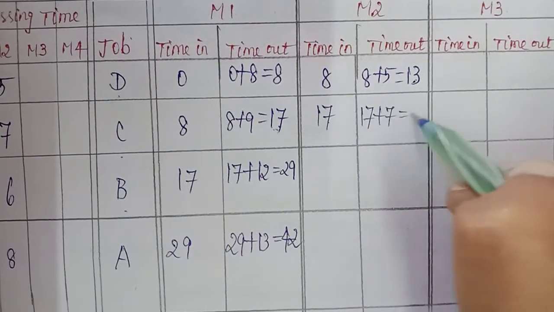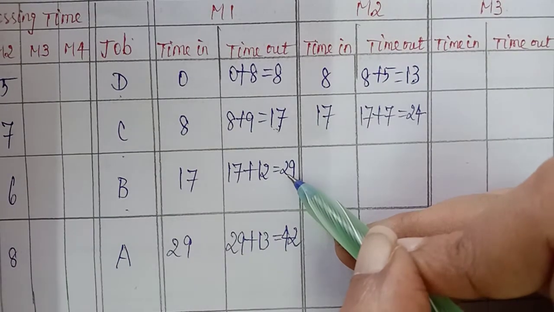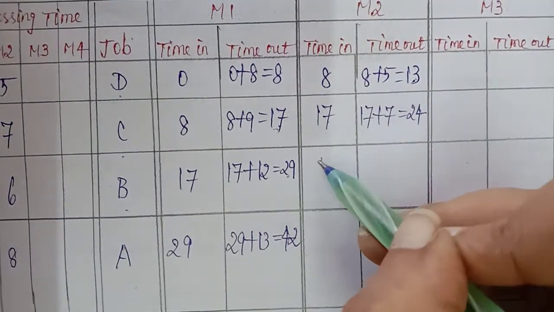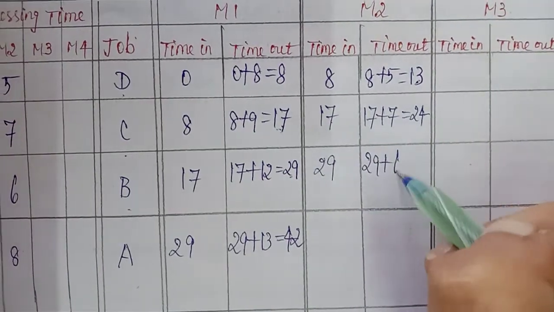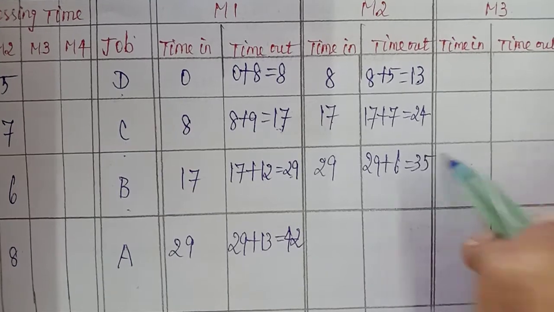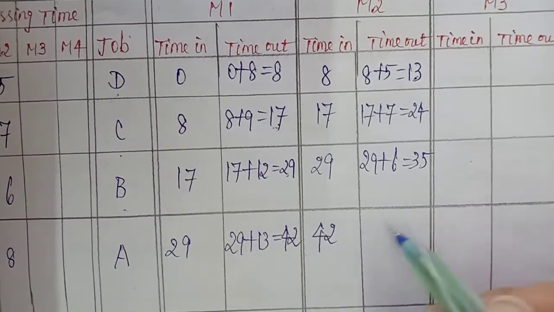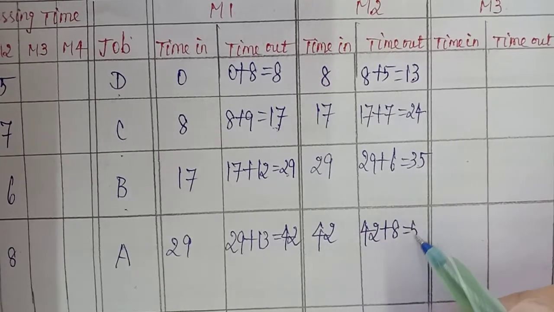So 17 plus 7, 24. 24 and 29 you compare. Out of these two values, 29 is the largest value. So 29 plus 6 is 35. Compare 35 with 42. 42 is the largest. So put 42. 42 plus 8, 50.